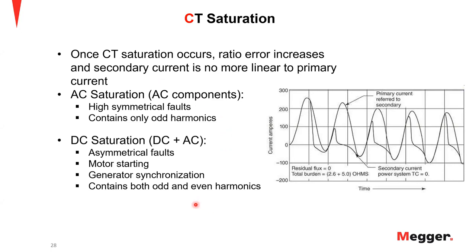So we can have different types of CT saturation. When we have symmetrical faults present, we will have some odd harmonics and some AC components present in those types of saturation. The severe type of saturation is caused by asymmetrical faults, which have both AC and DC components. This image here is taken from a C37 standard.